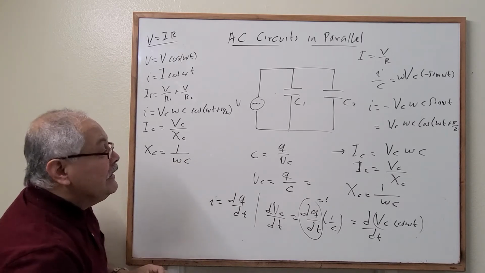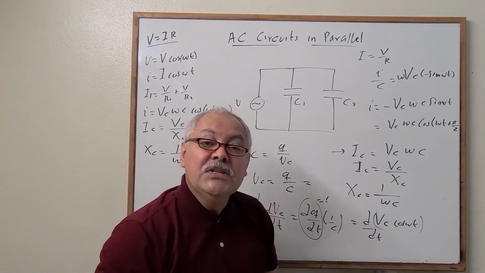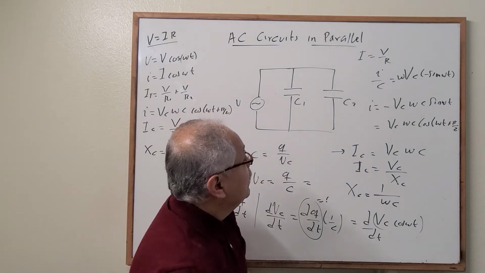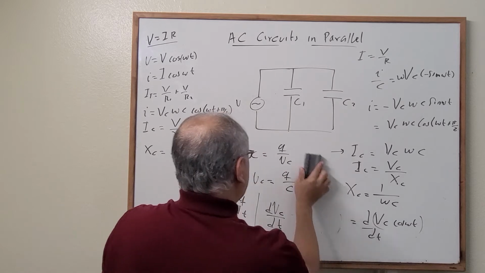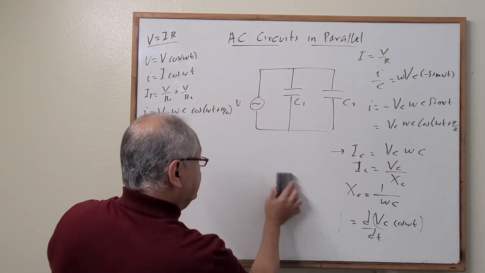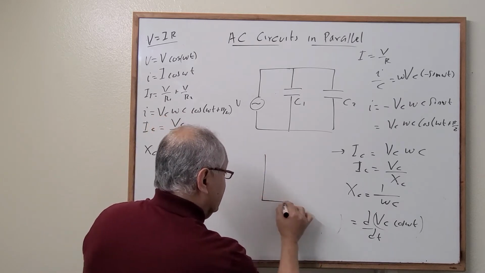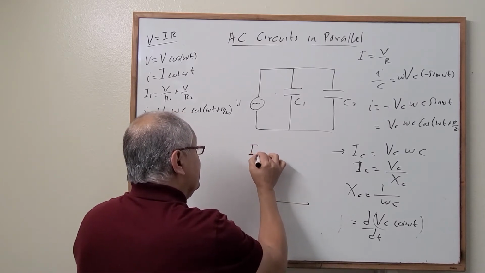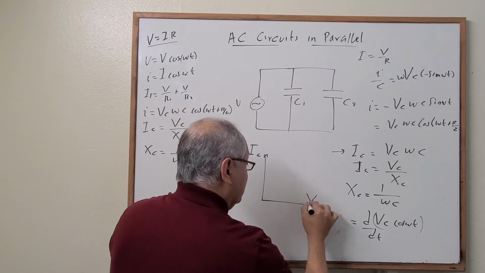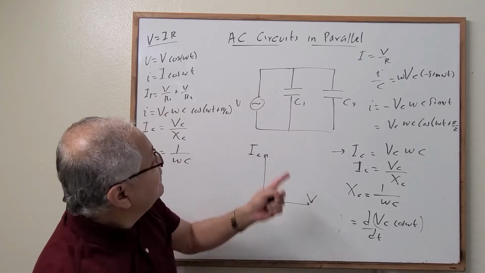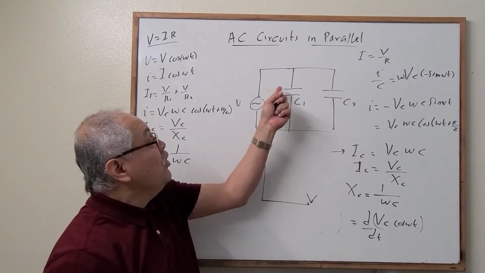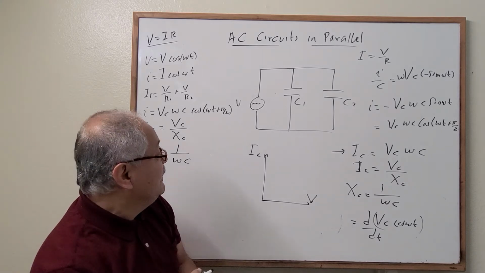Now let's see how we represent this using the phasor diagram. Okay, in the phasor diagram we have that this is the current of the capacitor and this is the voltage, right? The voltage of the source, the voltage of the capacitor, because it's constant. Remember, voltage is constant. Perfect.